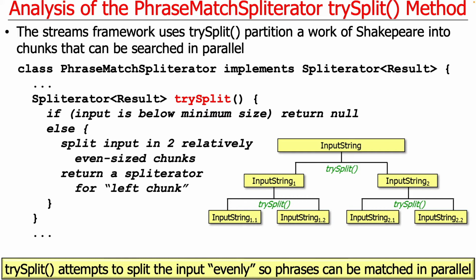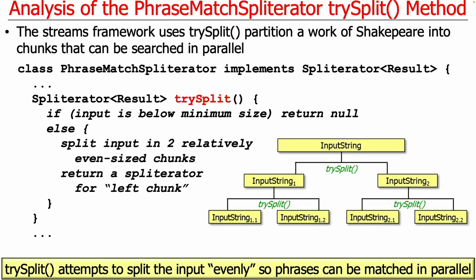Unlike all the other spliterators we've looked at so far, where they split down to atomic-sized elements, like every element in an array list, this spliterator is going to have a much larger size be its minimum size. Because as I mentioned before, there's no point in doing word searches on very small strings, because string searching is very fast. So if it's below the minimum size, return null. That says we're done. Do the try-advance method henceforth.